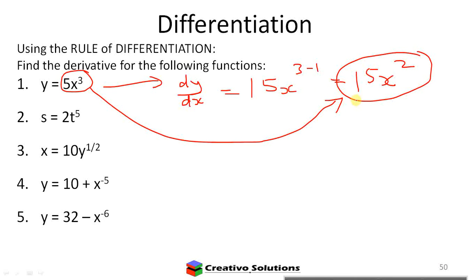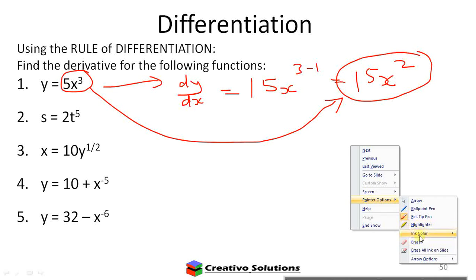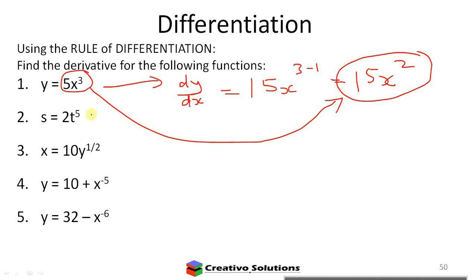The reason why I've given you some different variables here is to show the different notation. So let's change the notation. Now we're looking at s's and t's, so that one over here. How do I get from here to the derivative? Well, quite easily.